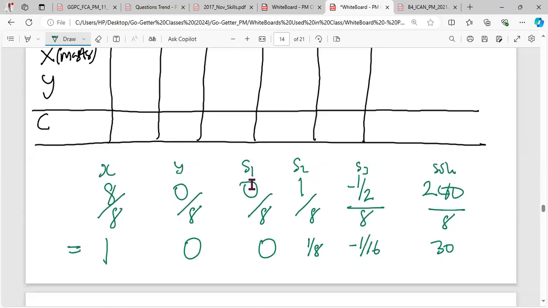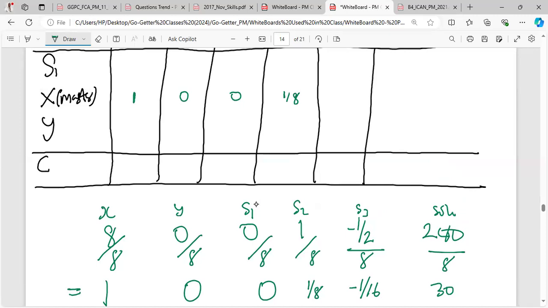So that's what we are going to put down here in the master. So this is going to be 1. This is going to be 0. This is going to be 0. This is going to be 1 over 8. This is going to be 1, okay, minus 1 over 16. Then this is 30.